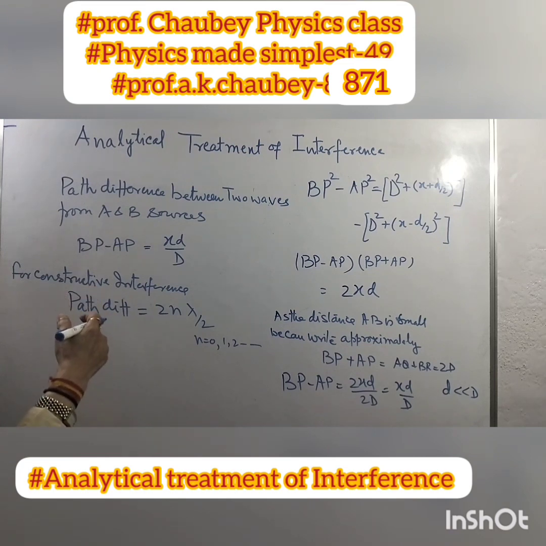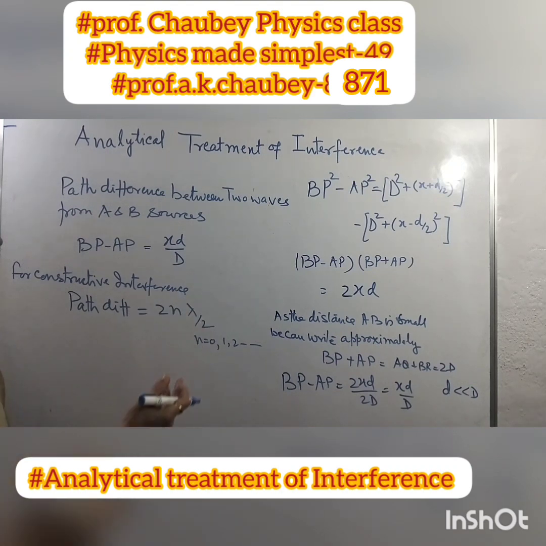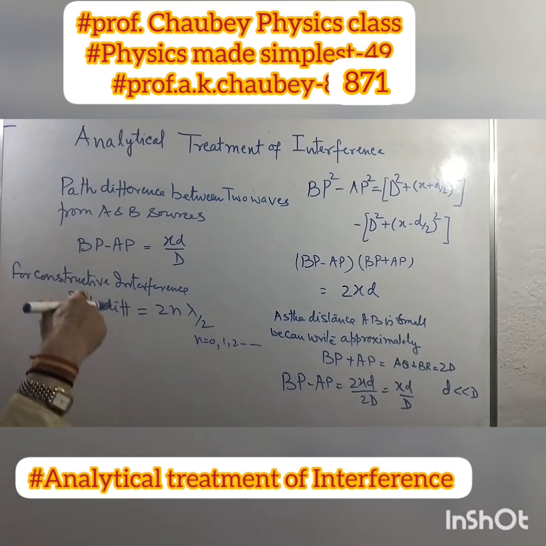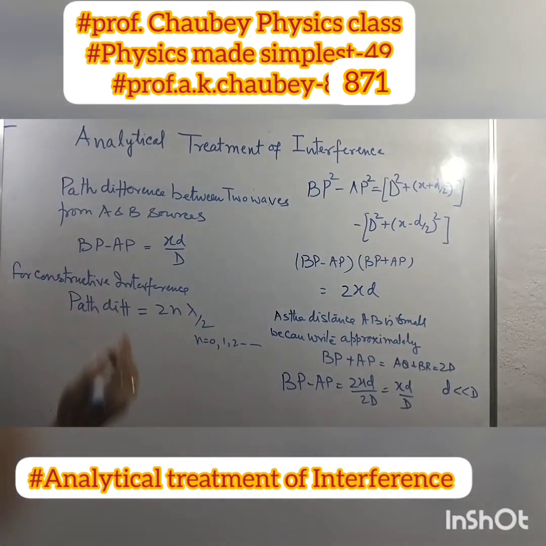Otherwise it will be destructive. When n equal to 0, n equal to 1, it becomes lambda, or n equal to 2, it becomes 2 lambda. So 0, lambda, 2 lambda, 3 lambda, 4 lambda means a difference of one wavelength. So the wave starts again in the same phase.